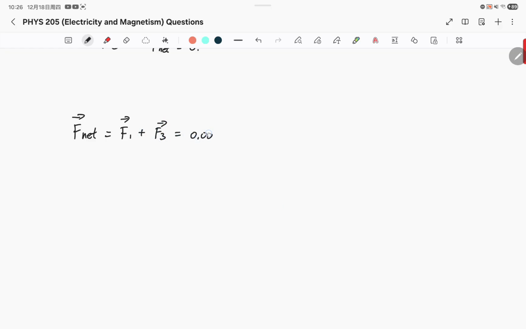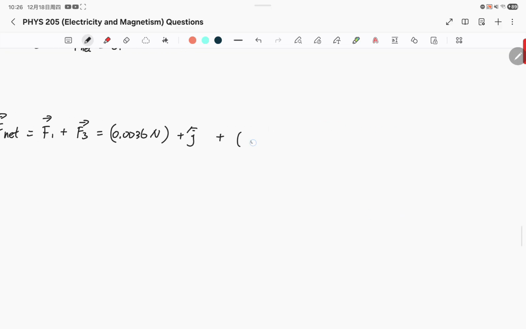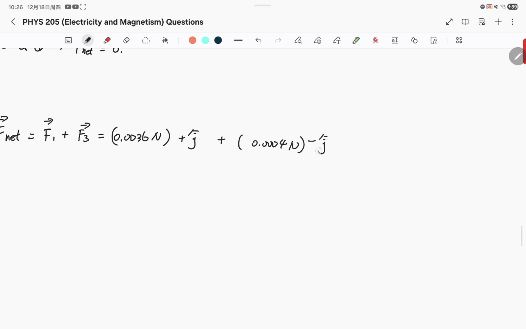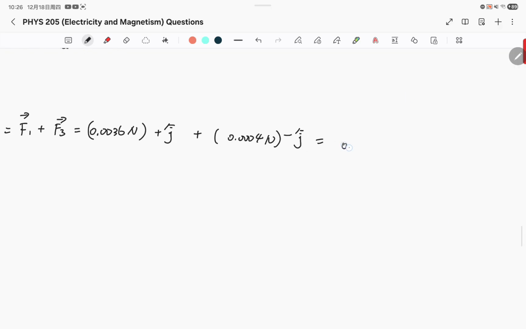That's in a positive J direction plus this much in the negative J direction. So basically this minus that. And the final direction is still pointing up.